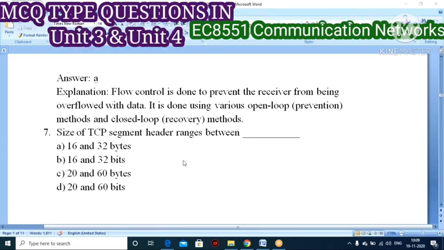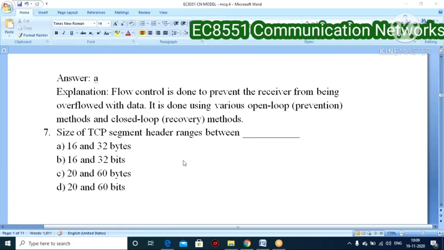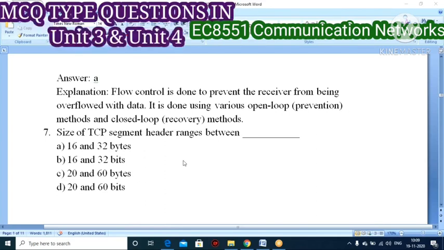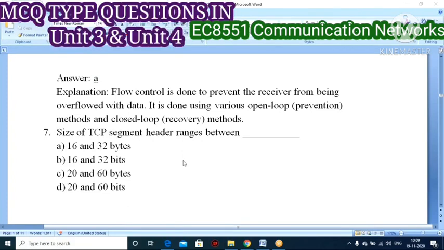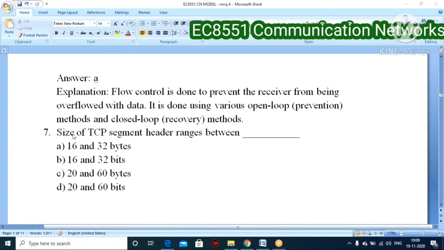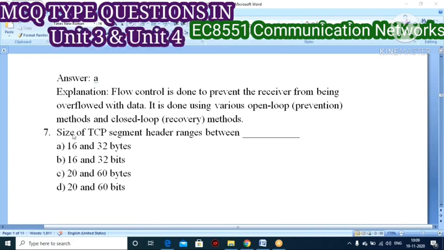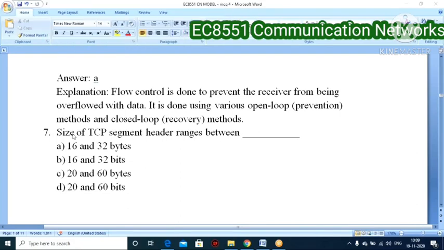Bits or bytes? Gopal? Bytes, sir. Bytes. Okay, which one is correct? You have two options there, option A or option C. Pick anyone.